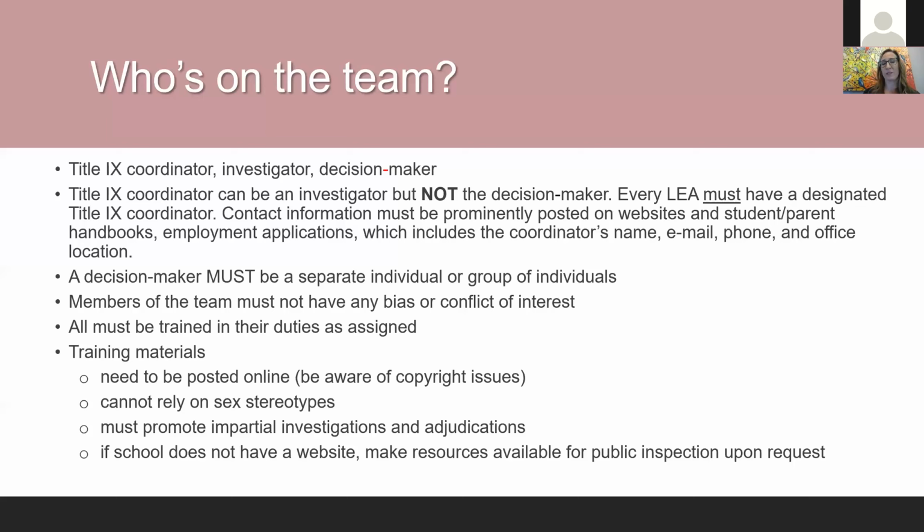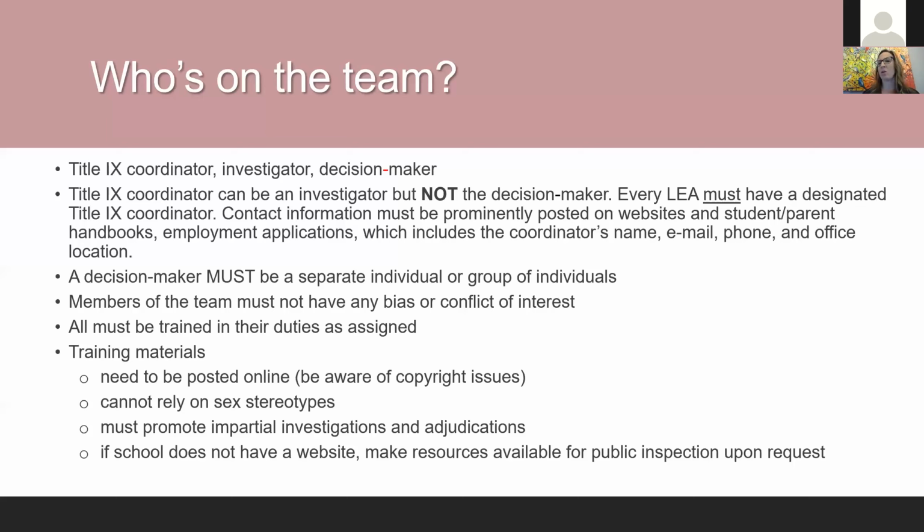I have a certification in civil rights investigation and as a Title IX administrator. I have to get retrained because of the new regulations, and it can be pricey. So I'm going to try to do my best to provide you with training opportunities. The Division of Risk Management does these trainings.